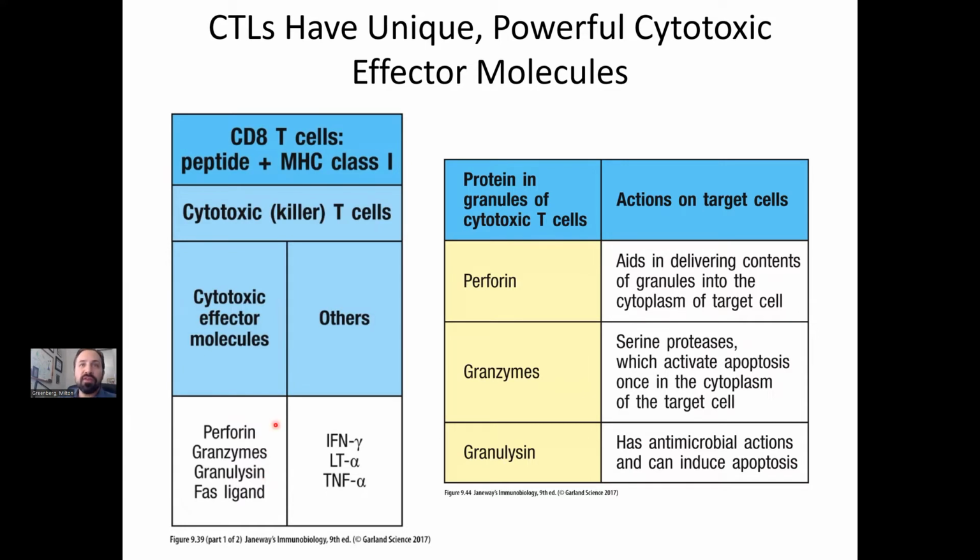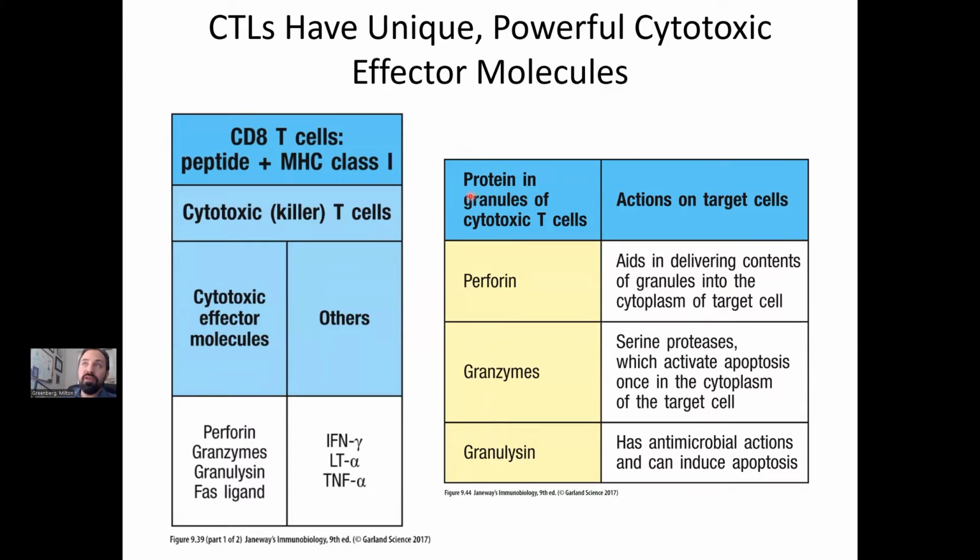CD8 positive cytotoxic T lymphocytes are very effective at killing. And one of the reasons they're so much more effective at killing than other cells of the immune system is because they express these unique molecules.